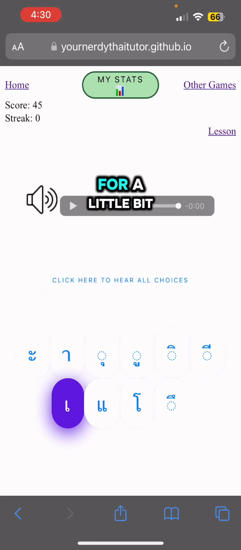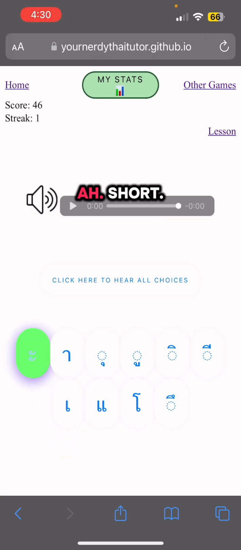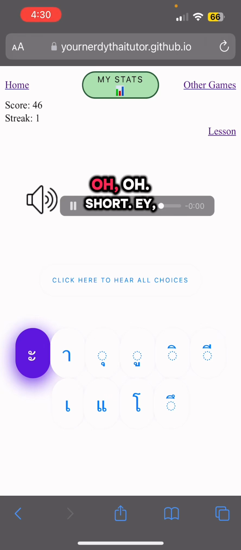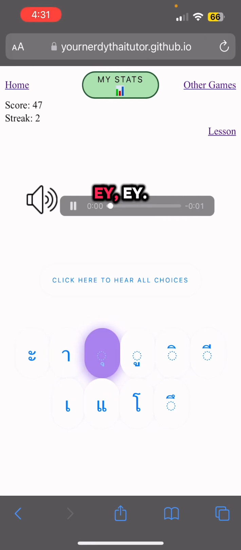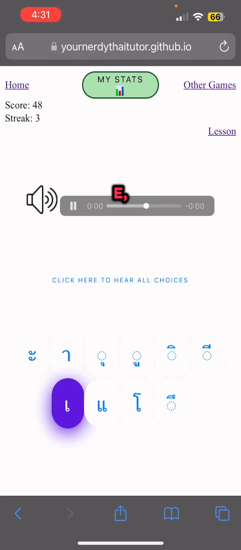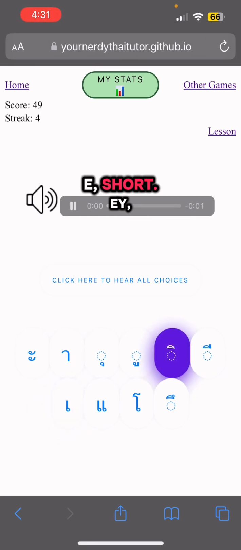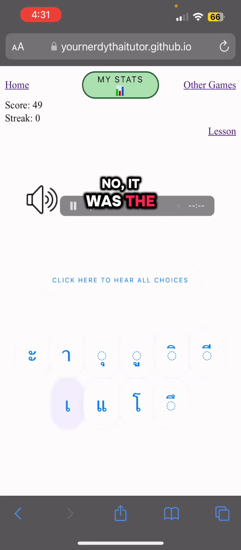Okay, we'll be on this for a little bit because I still struggle with my as, and I need the practice because I need to be an expert in my as. Ah, short. Ooh, short. Eh. That sounds like 1B. Okay. E, short. That sounds like 2Bs. No, it was the same file.